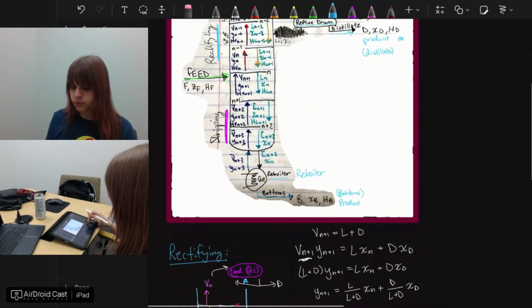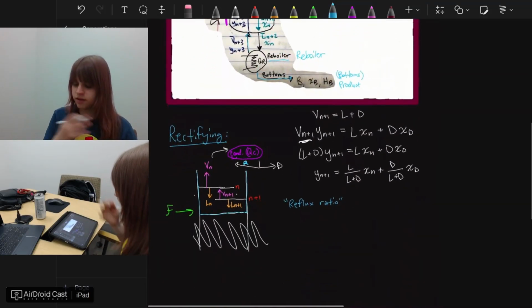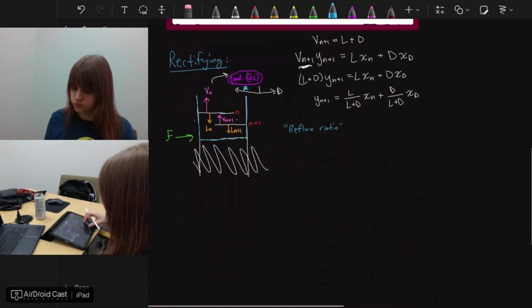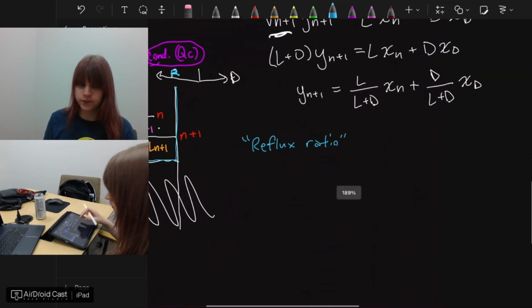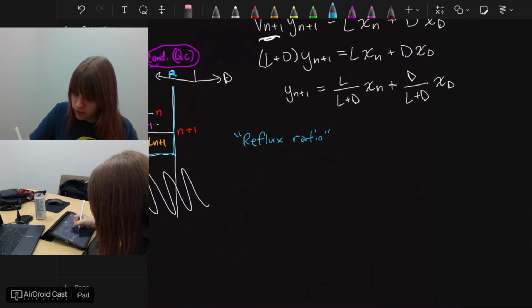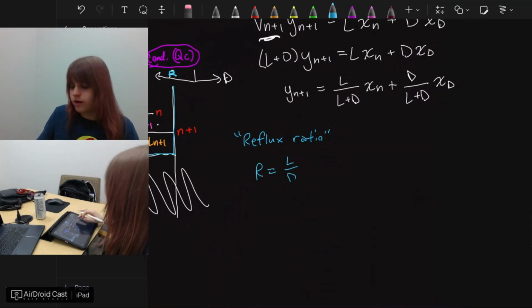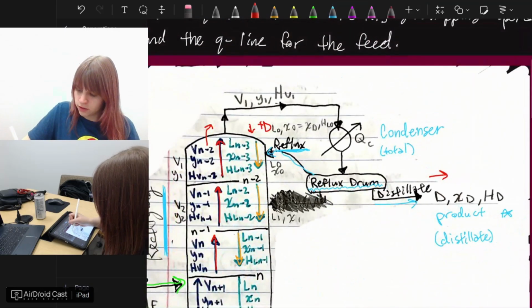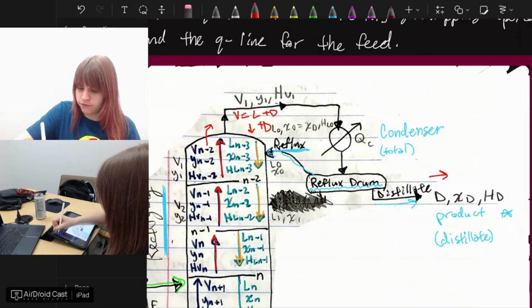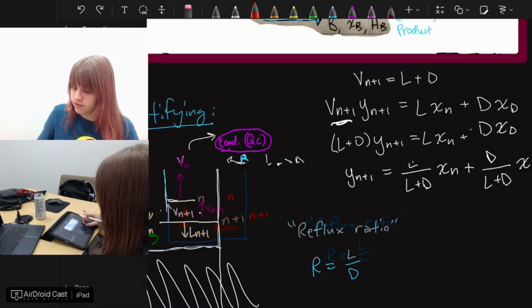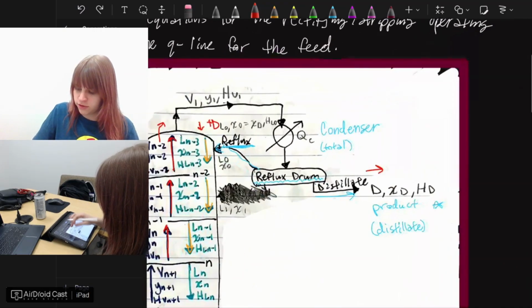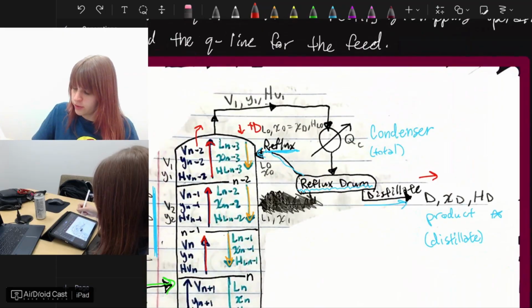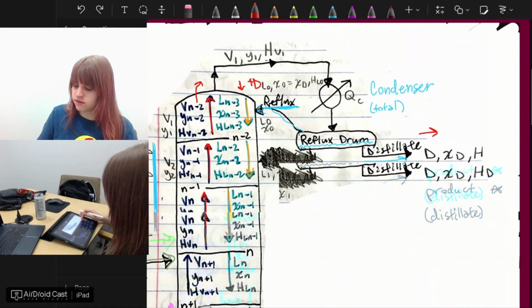Your purity wouldn't be very good, etc. So, reflux ratio. We define that as being the ratio of the liquid to the distillate. As I was saying here, the vapor coming up was equal to the liquid plus the distillate flows, but this reflux ratio is L over D. So it's the ratio of what's being returned as a liquid to what exits as distillate.